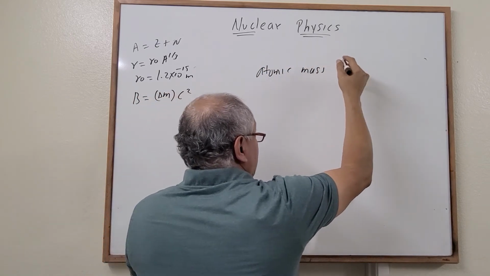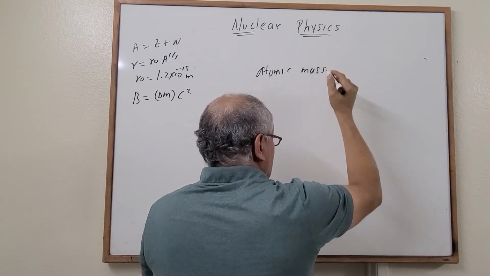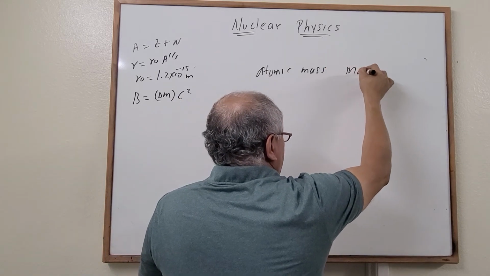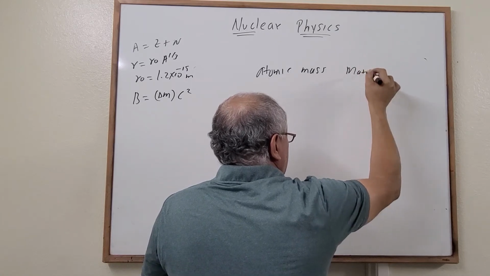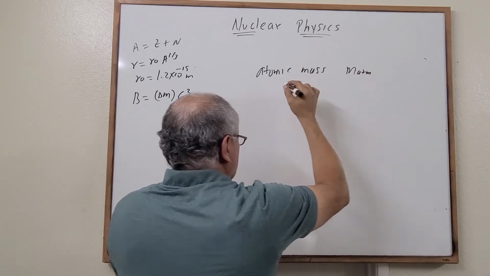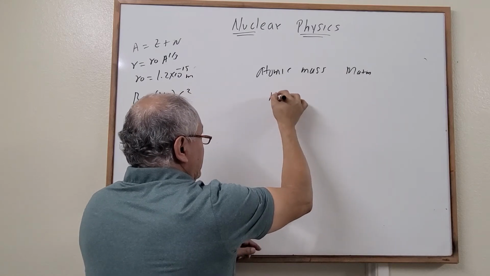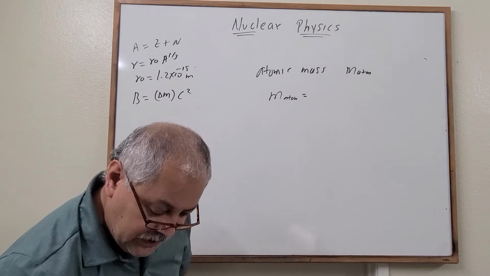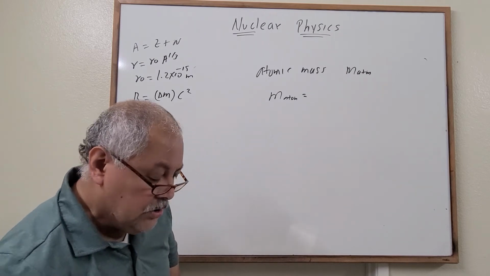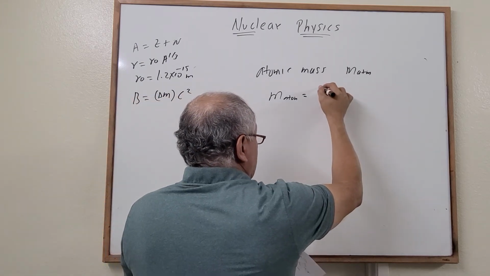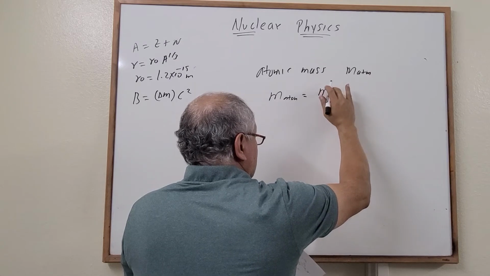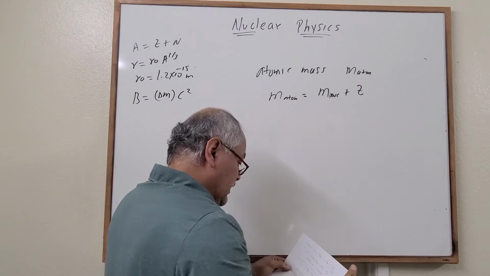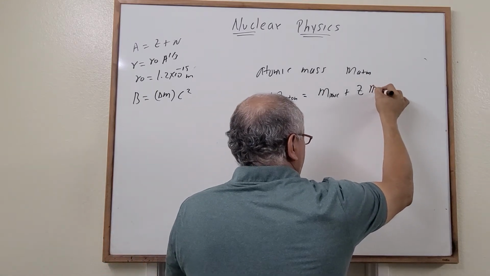And this is equal to the mass of the atom, right? What can we do right here? The mass of the atom is equal to the mass of the nucleus, correct, plus Z times the mass of each electron.